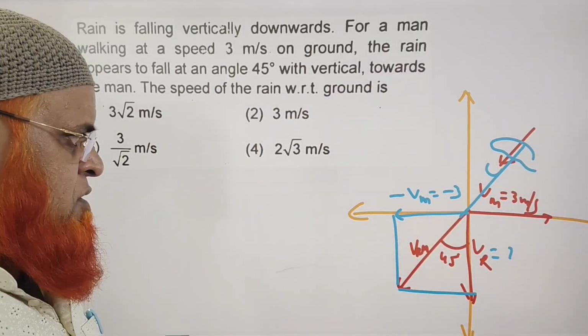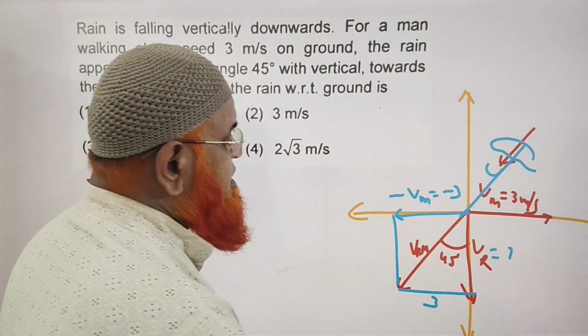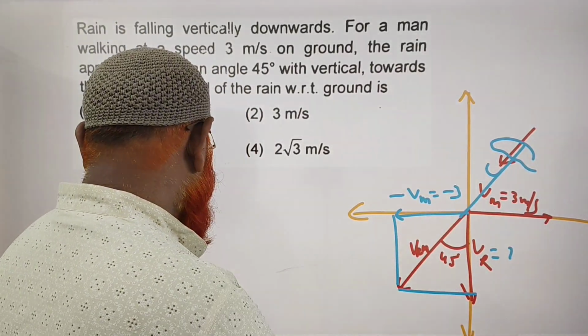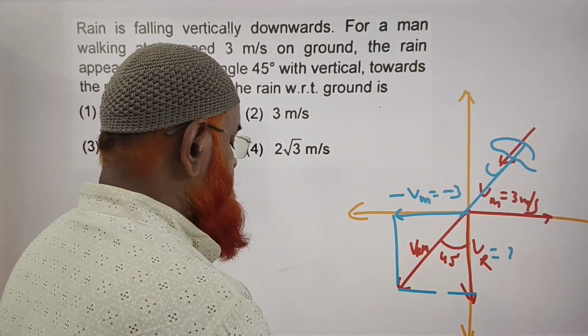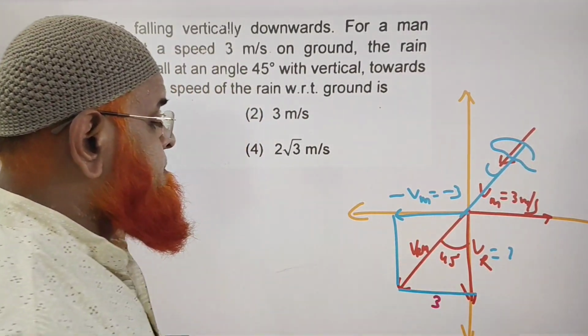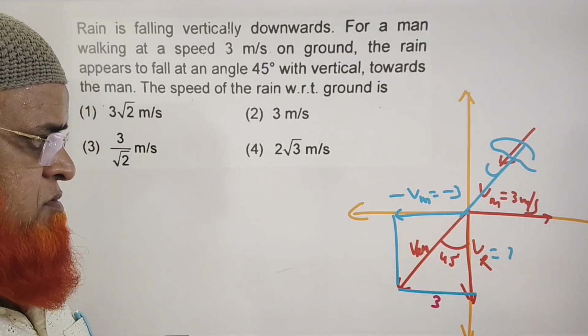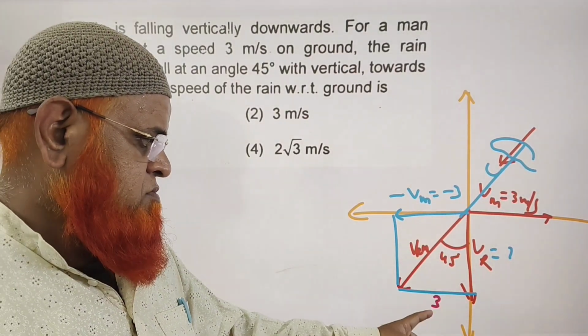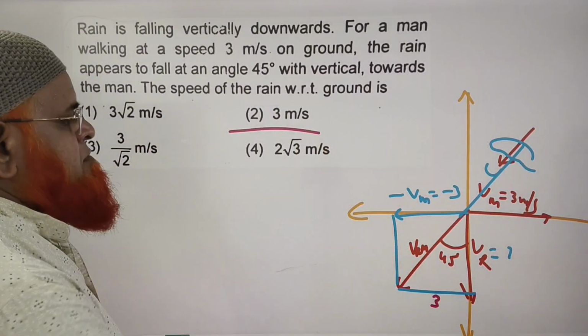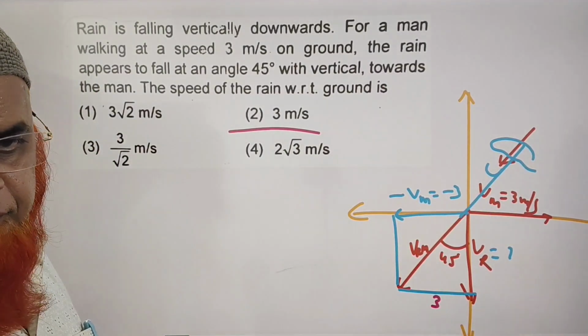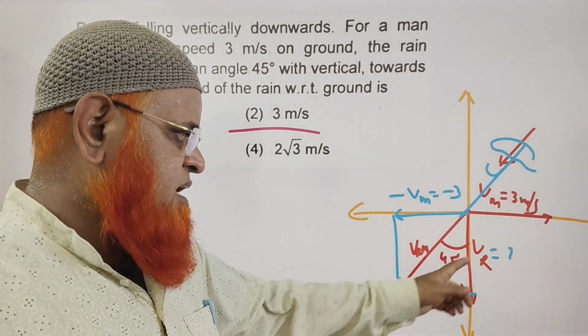So Vm is 3, then write here 3. This is 3. So what are the things we know? The angle we know, and that means the other side is also 3 only, because the angle is 45, and when it is 45, opposite and adjacent sides are the same.